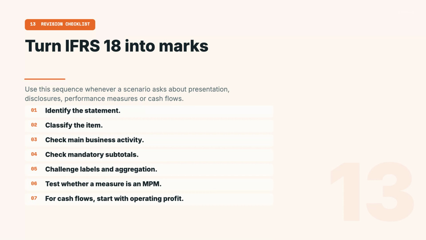Fifth, challenge vague labels and poor aggregation. Sixth, identify whether a measure is an MPM and if it is, require the IFRS 18 note. Seventh, for cash flows, start with operating profit and classify interest and dividends correctly. This is the fastest way to turn IFRS 18 into marks.